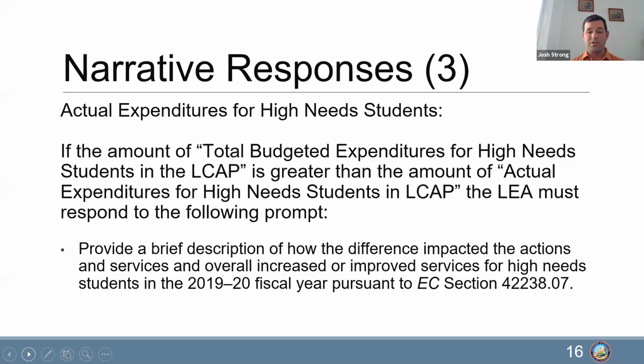Provide a brief description of how the difference between what was budgeted and what was expended impacted the actions and services and overall increased or improved services for high needs students in the 2019-20 fiscal year, as required by Education Code Section 42238.07.